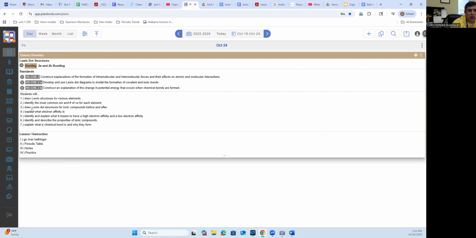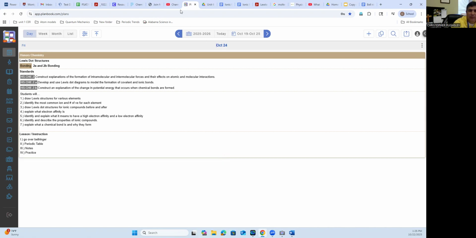We're going to draw the Lewis dot structures for various ionic compounds before and after. We're going to explain what electron affinity is, and identify and explain what it means to have high and low electron affinity. We're also going to identify and describe the properties of ionic compounds, and identify what a chemical bond is and why they form.